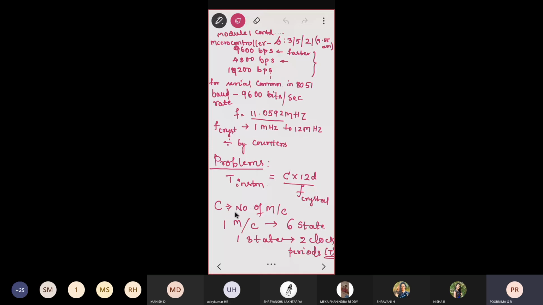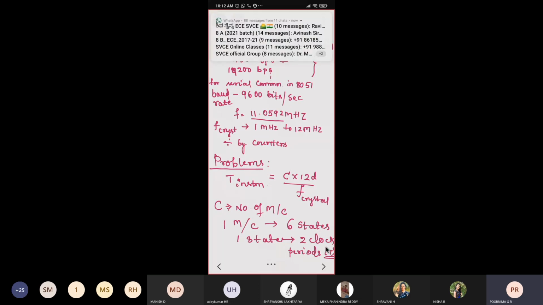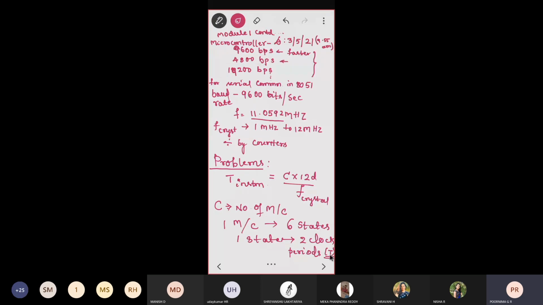In this, C represents the number of machine cycles. One machine cycle uses 6 states, and each state uses 2 clock pulses. In the 2 clock pulses, the minimum time period is T, which we have to derive. How do you derive this T?